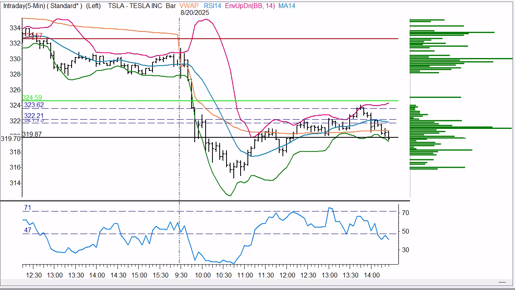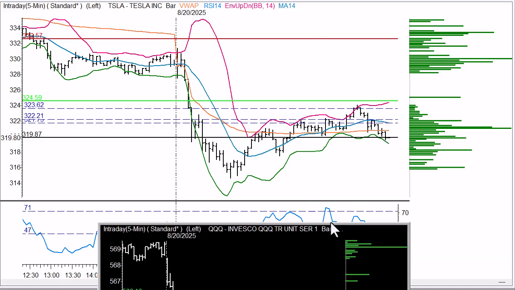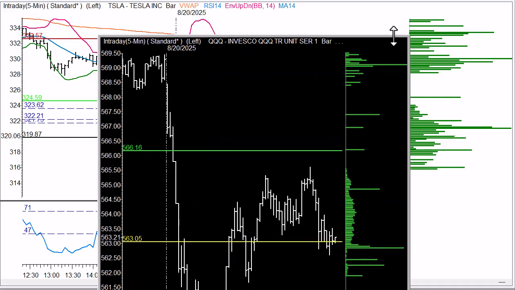going long. But Tesla today, more than any day I remember recently, has been mirroring what's going on in Nasdaq. Everything's been moving in lockstep with the indices. If you look at your charts of the index and try to figure out, am I correlated today or am I not correlated, then all you have to do is look at that.